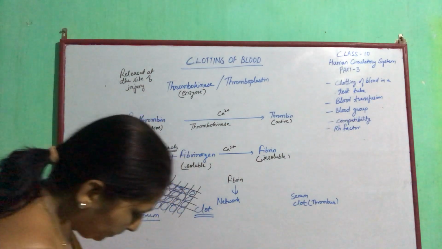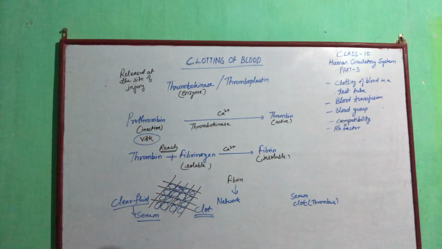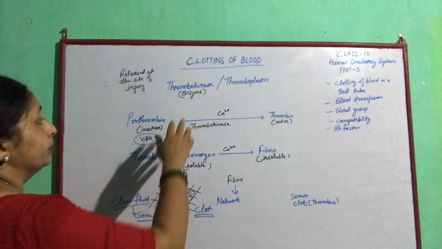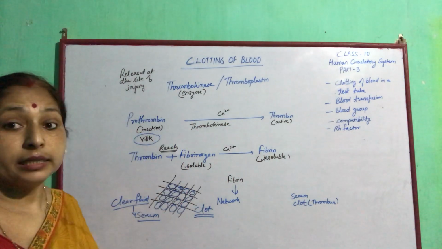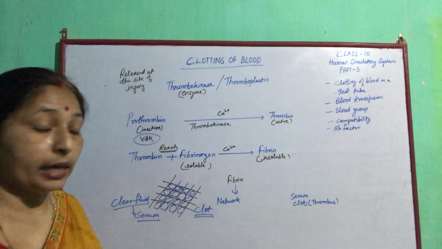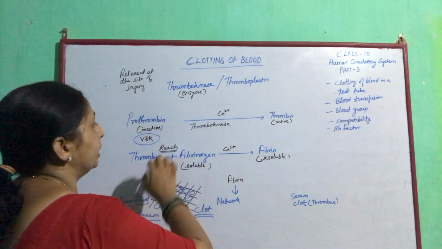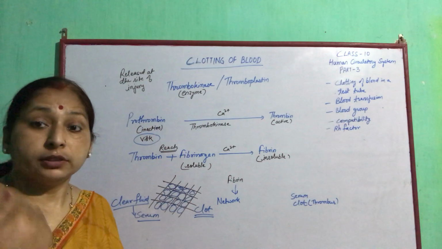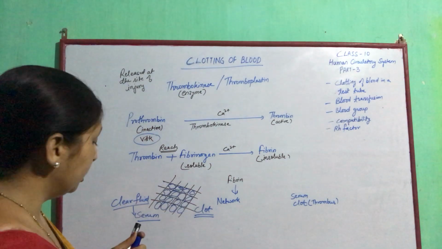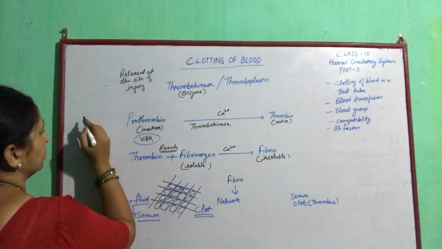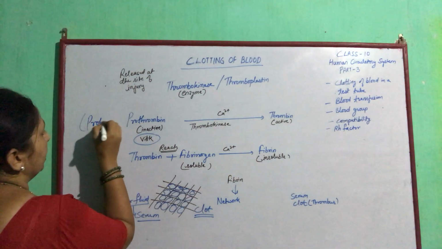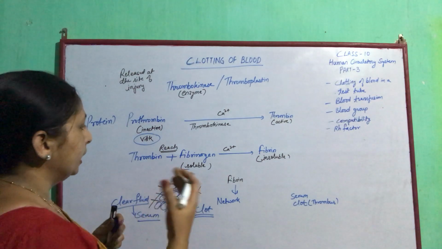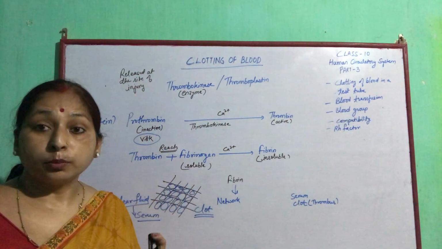I'll repeat this. Clotting takes place in the presence of an enzyme, thrombokinase, and a mineral, which is calcium ion. Prothrombin gets converted to thrombin. Prothrombin is inactive, thrombin is active. These are proteins. Sometimes it is asked what the protein in the clot is, and students are not able to write it.